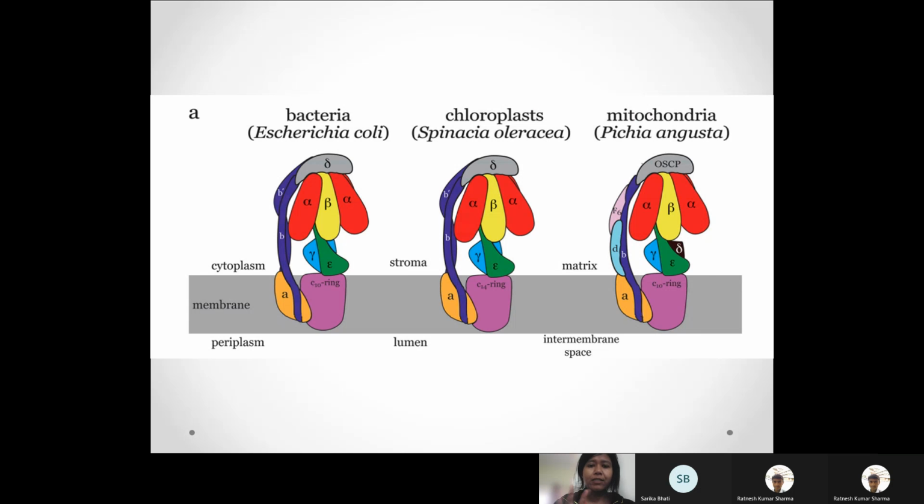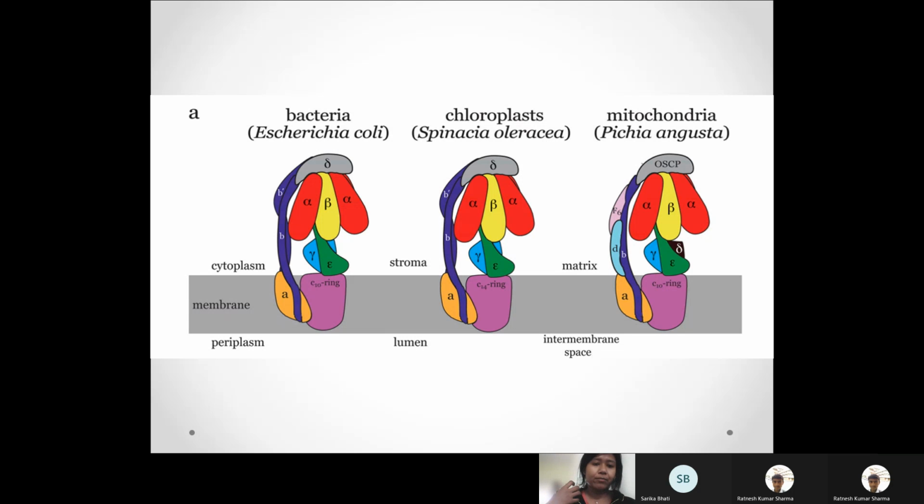All right, so this is what we had seen yesterday with regards to the structure of ATP synthase. And what we have found is that the ATP synthase, although it's a huge multi-subunit complex, is kind of conserved through evolution.